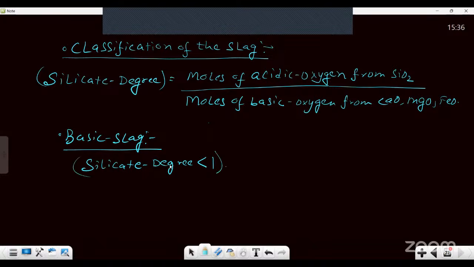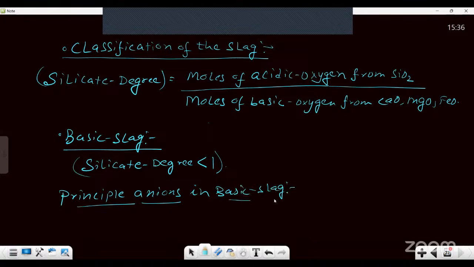Very important to understand the principal anions in basic slag. Principal anions in basic slag are O2 minus and SO4 4 minus.